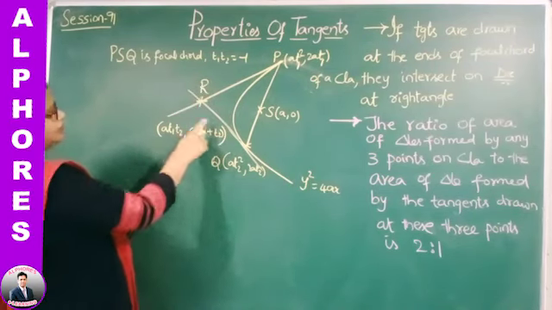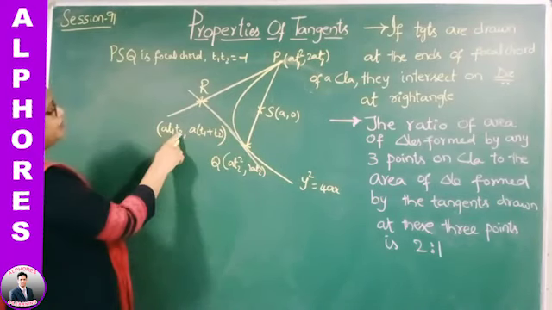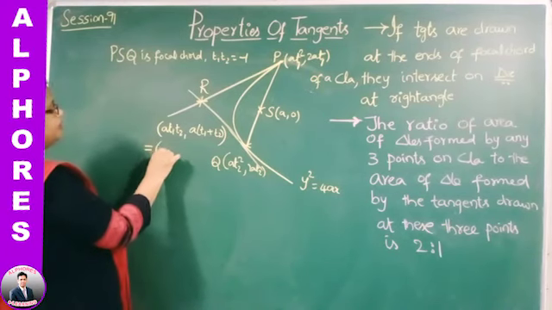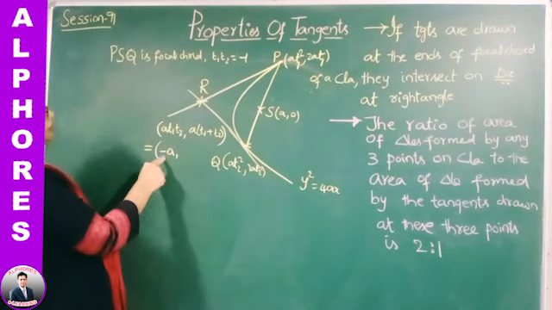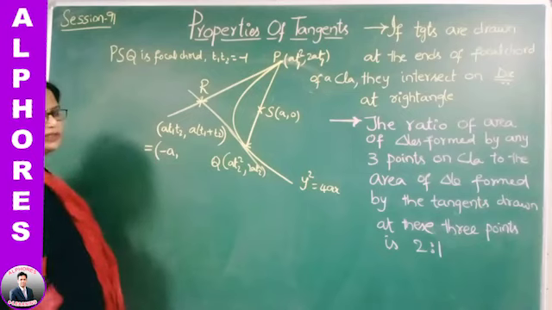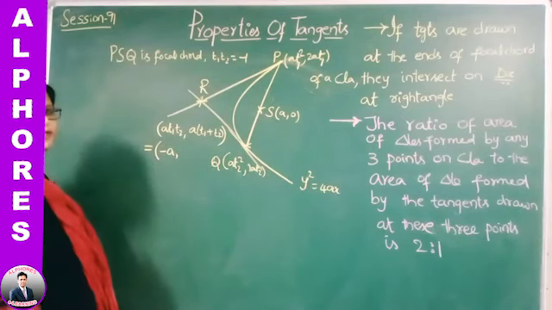Now students, as this is the focal chord, the advantage is t1 t2 is -1. Therefore the point is -a comma whatever the ordinate value, but the abscissa you got is -a. Now once the abscissa is -a, observe for this parabola what is our directrix equation?